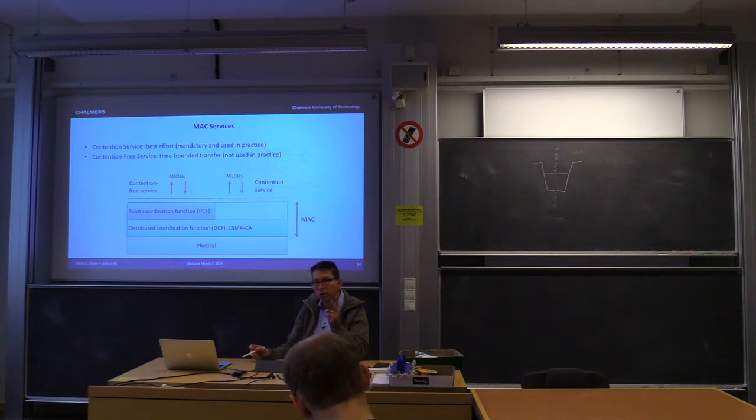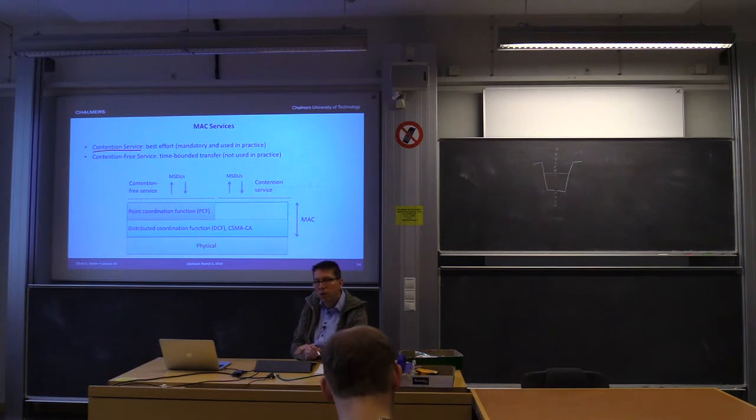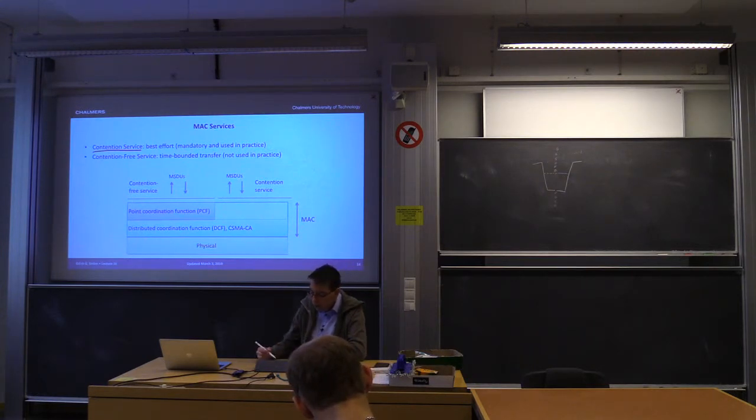And there are two services which are standardized in 11p. One is the contention service, and this is the common one, or I would say almost the only one which is implemented in practice. Remember here we have the medium access control. What type of service do we provide to the layer above it?